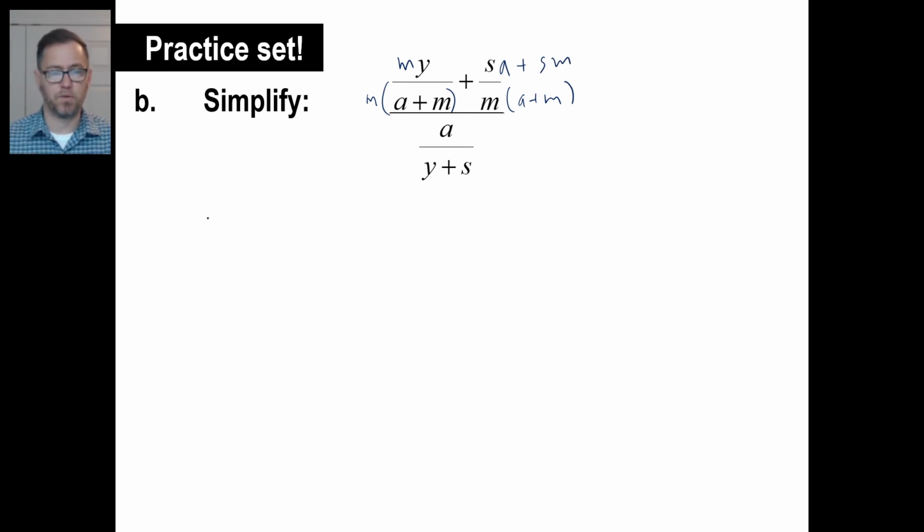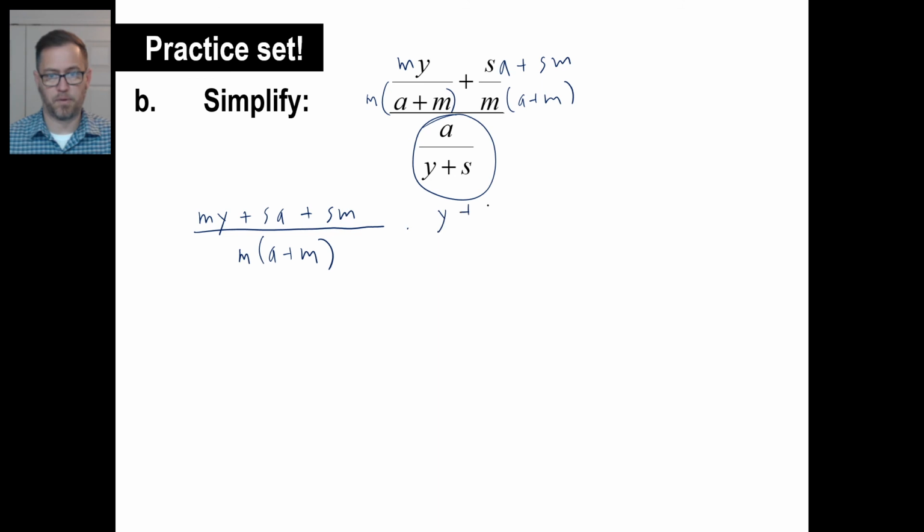Okay, so my new numerator turns into my plus sa plus sm. And then my new denominator, of course, is going to be m times a plus m. And if I'm dividing by this, that means I'm multiplying by y plus s over a, which is not going to be fun.